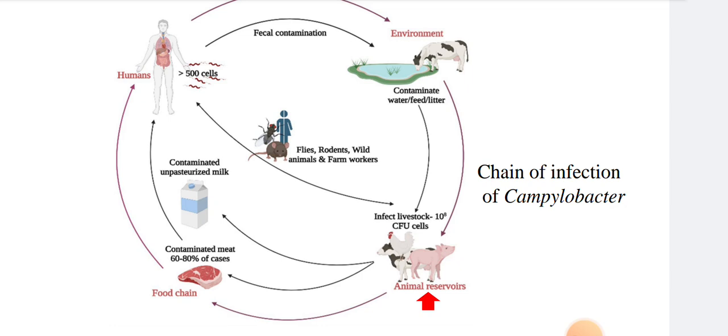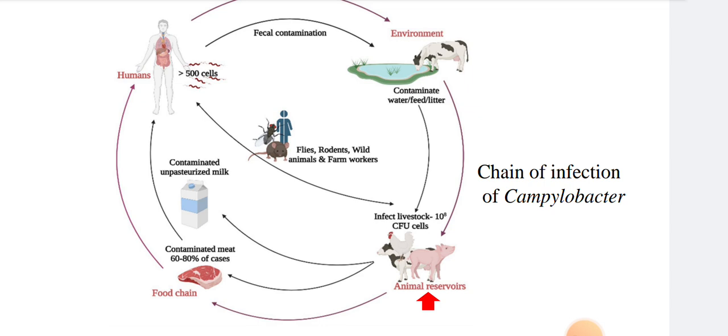So human can be infected by eating or drinking food products from animals, such as contaminated meat, contaminated unpasteurized milk. Also, human can be infected directly from the animal reservoirs through flies, rodents, wild animals, and farm workers.